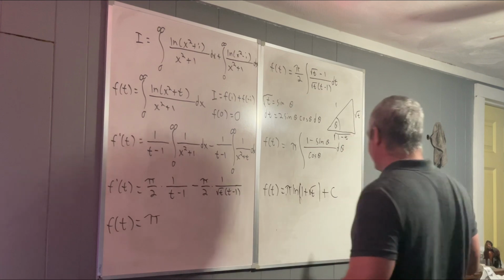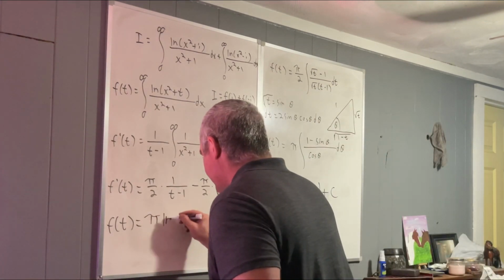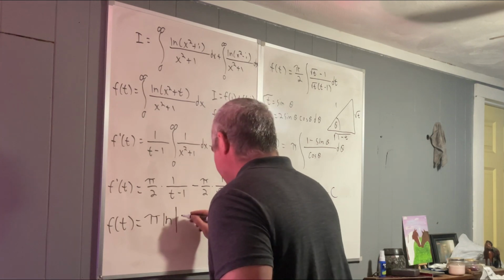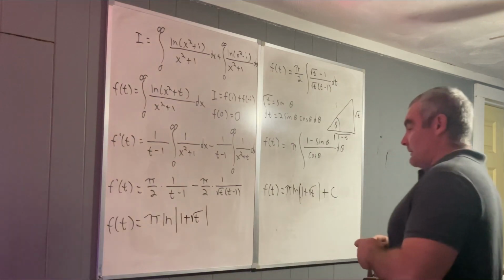My apologies there. All right. So that's pi times the natural log of the absolute value of 1 plus the square root of t.